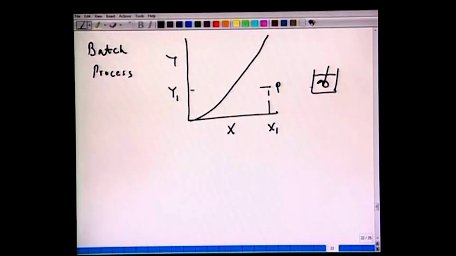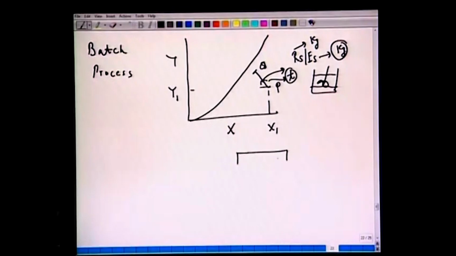The two phases are brought in contact, they are given enough residence time, there will be separation, and we allow them to settle. Now the line will still be P going to Q, and the slope of this would be RS over ES. Notice the difference, this ES is not kg per second, it's just kg, and this is your kg. All it means is the movement from P to Q is now on time instead of on length.